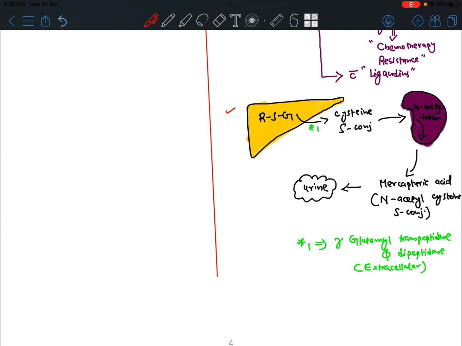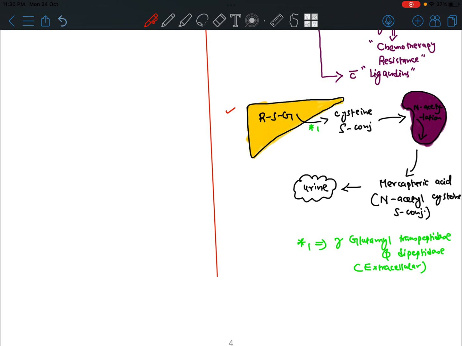It's present in the plasma membrane of renal tubular cells and bile ductule cells, and in the endoplasmic reticulum of hepatocytes. This gamma glutamyl transpeptidase, GGT, is also an early indication of liver damage, which is released into blood in hepatobiliary disease.